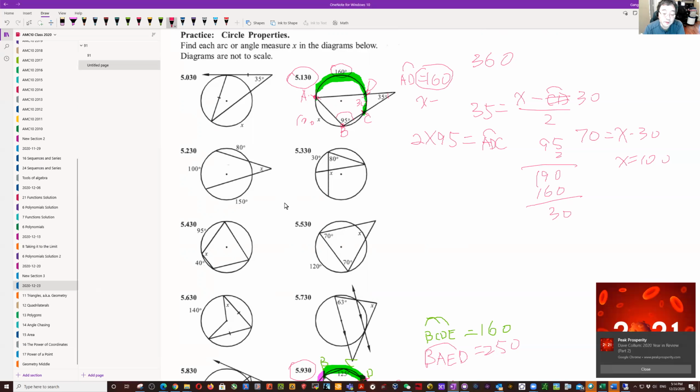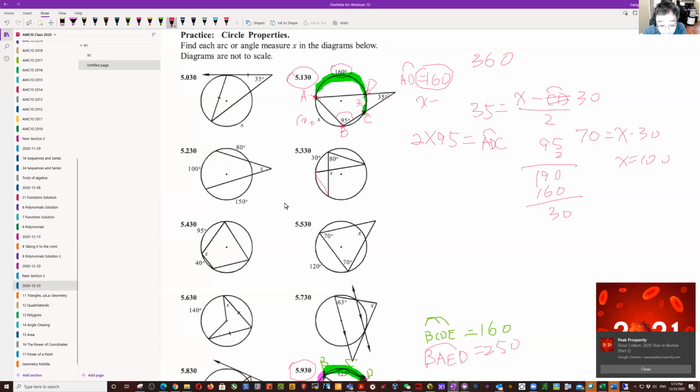One thing is that if you see two lines, two chords, intersect with each other inside the circle, you are guaranteed to have two similar triangles. This may not be very obvious, but for example, this one, I connect it.